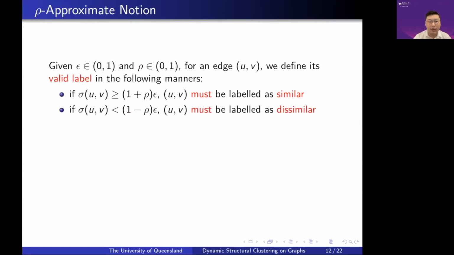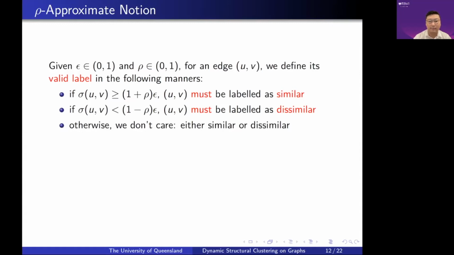And if sigma UV is smaller than (1 minus rho) times epsilon, it means that sigma UV is far smaller than epsilon, so UV must be labeled as dissimilar. Otherwise, if sigma UV lies somewhere between, it means that sigma UV is very close to epsilon. It falls into the don't care case.